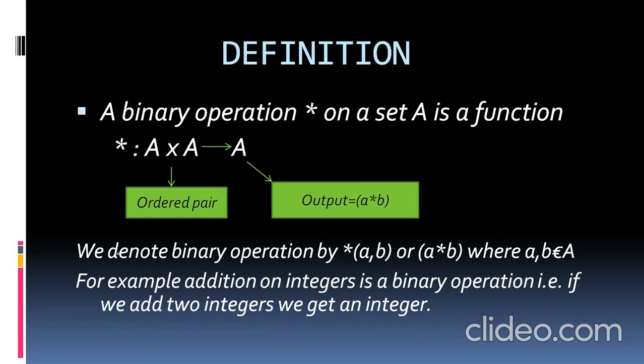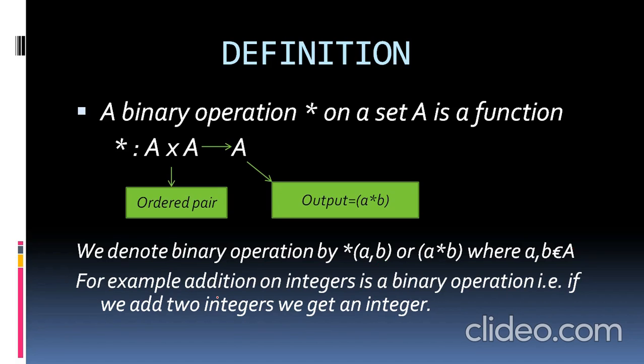So we denote binary operation, if we apply it on two numbers a and b, by star(a, b) or (a star b), where both the elements a and b belong to the set A under consideration.